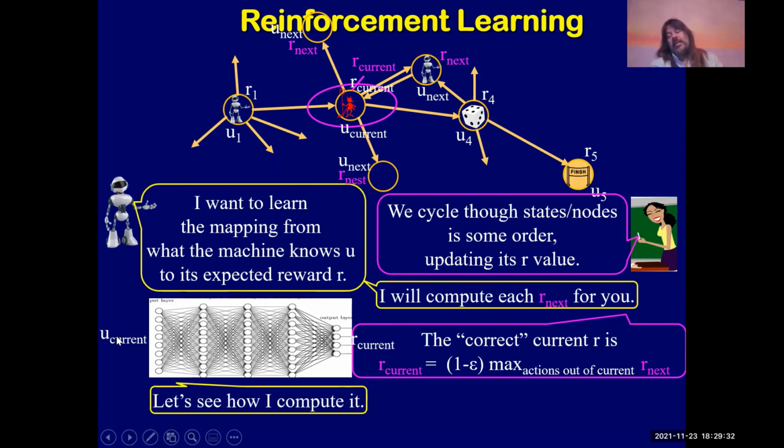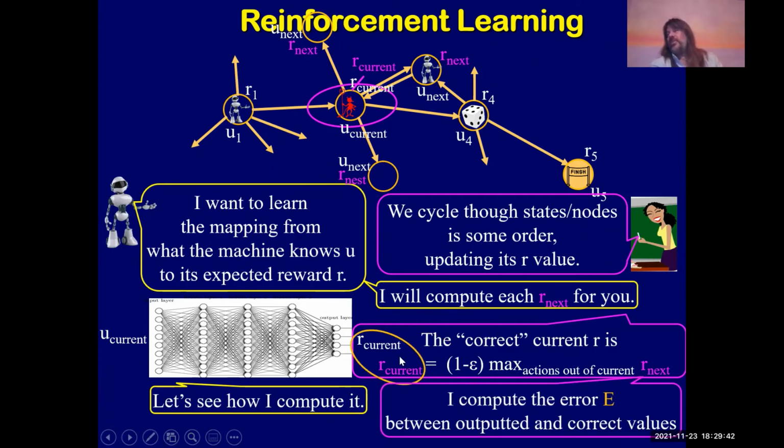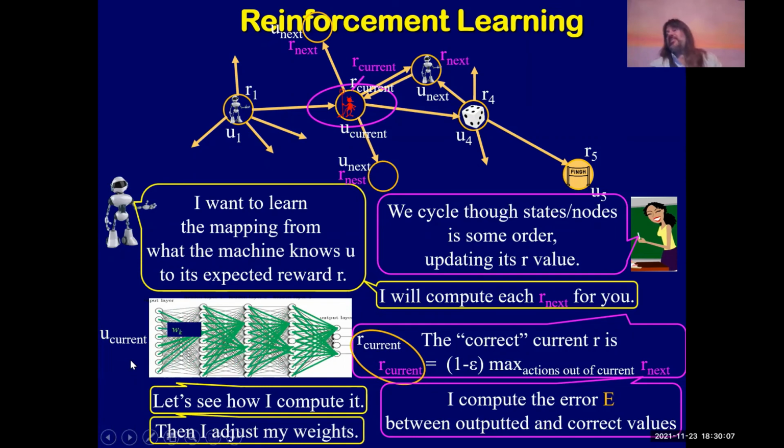I can compute what I think the R value should be. That's the value that it thinks it is. Now we have two values: what our current machine thinks the R value is, and what our supervisor says the R value should be. There's a difference between those, and that gives us an error. And what do we do with that error? We backpropagate that error back, and we update the weights.